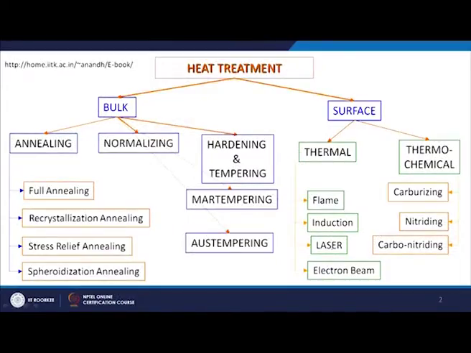Suppose you have induction heating or laser heating or electron beam heating, where you have a very concentrated source and the heating is very localized, and then you stop the heating. What will happen? The whole bulk of the material is still not heated up, it is still maybe at room temperature or slightly higher temperature.